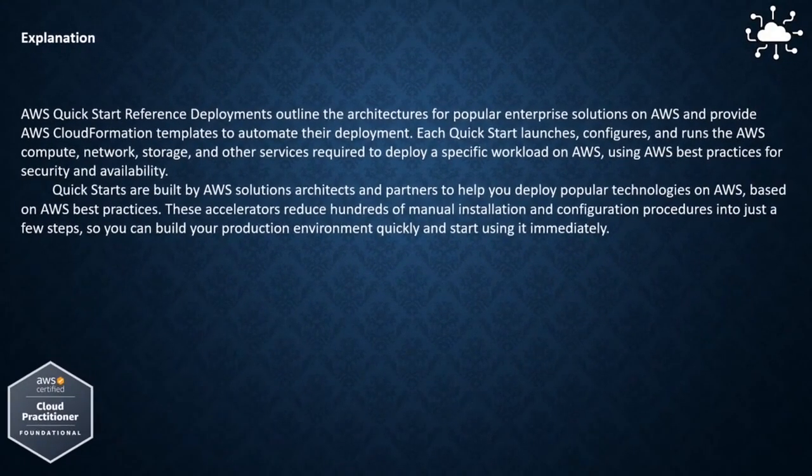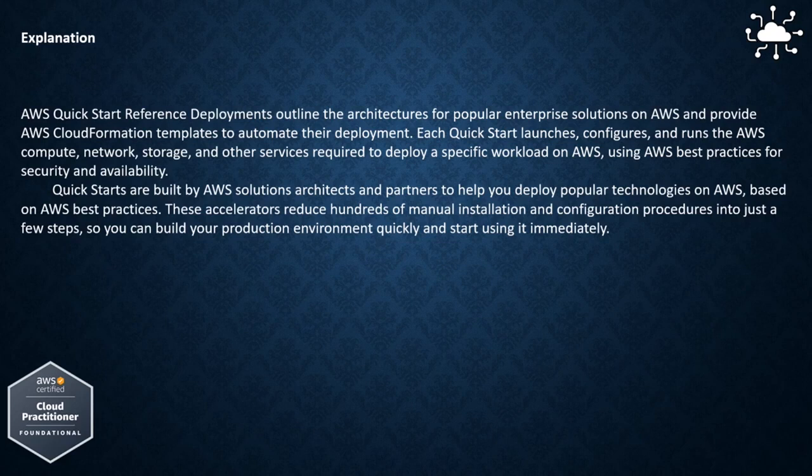Explanation. AWS Quick Start Reference Deployments outline the architectures for popular enterprise solutions on AWS and provide AWS CloudFormation templates to automate their deployment. Each Quick Start launches, configures and runs the AWS compute, network, storage, and other services required to deploy a specific workload on AWS, using AWS best practices for security and availability.